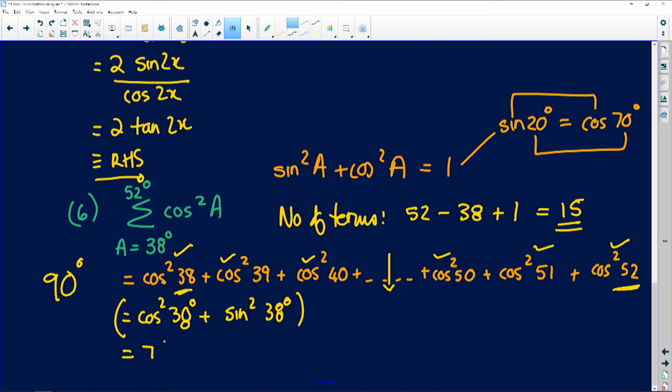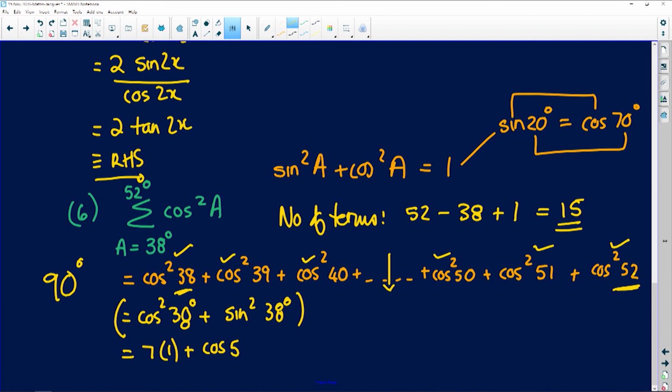So there will be 7 pairs of 1, plus then the cosine squared of the middlemost term, which is the term that lies directly in between these two terms over there, which is 8 away from 38. Okay, so I can say it's 38 plus 8 to give me the cosine of what is 38 plus 8.